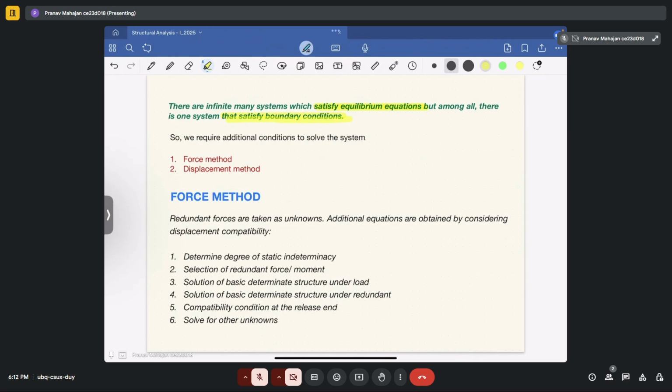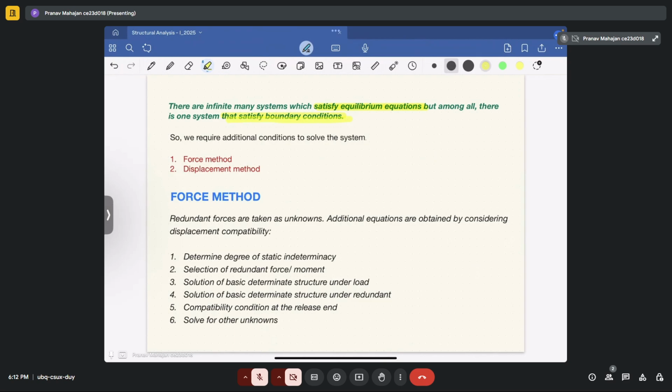Like if you have a propped cantilever in which the degree of indeterminacy is equal to 1, in that you will consider the prop reaction to be a redundant force, and then you will try to solve the problem. Now let's see further what is written. First we will take redundant forces as unknown, then additional equations are obtained by considering the displacement compatibility.